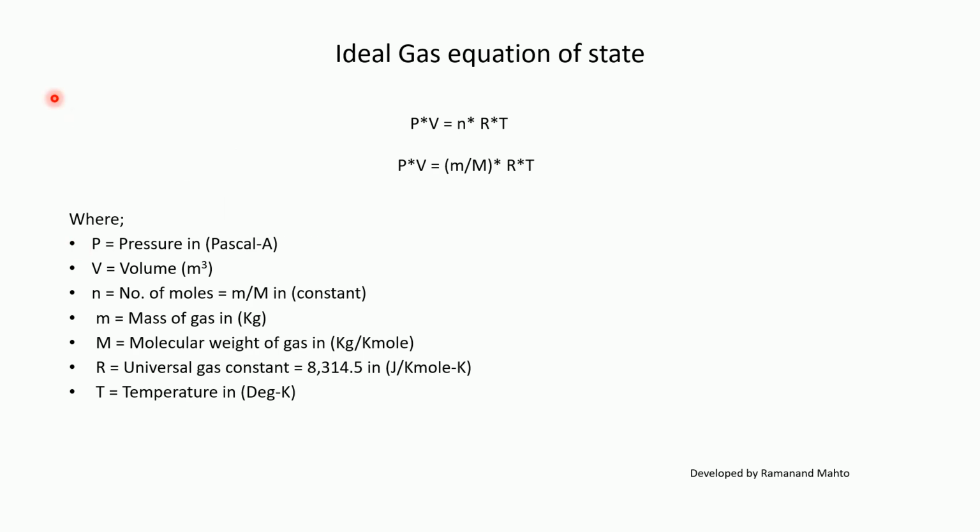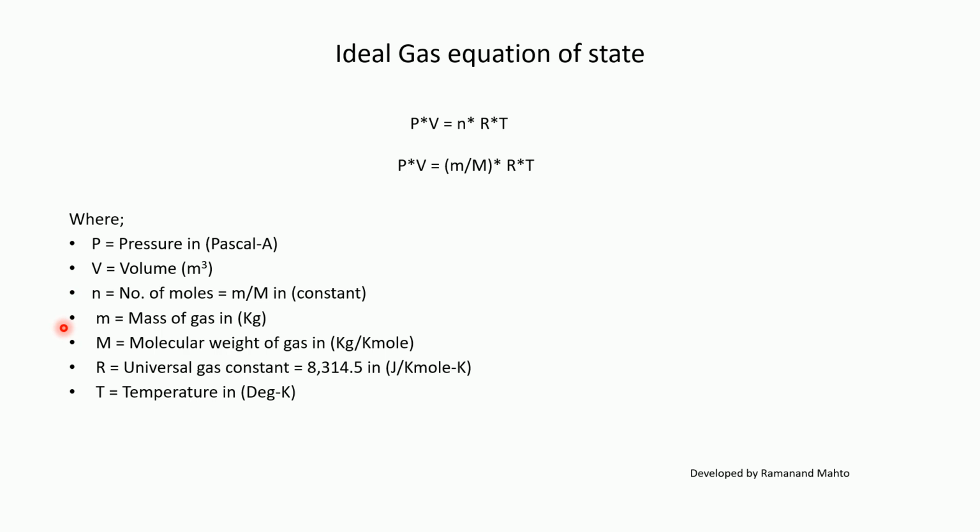The ideal gas equation of state is P into V is equal to N into R into T. N is the number of moles, so we can write it as mass of the gas upon the molecular weight of the gas. So P into V is equal to small m upon capital M into R into T, where P is the pressure in Pascal absolute, V is the volume in cubic meter, N is number of moles, mass upon molecular weight, a constant.